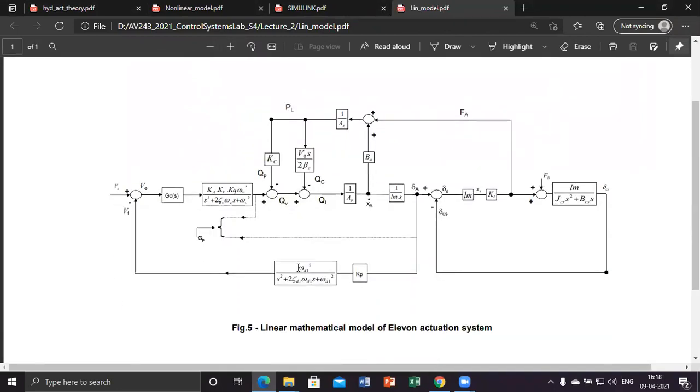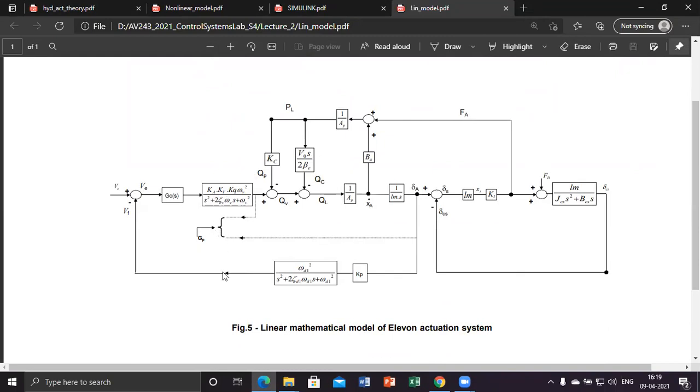The very purpose of linearizing is this: we have removed the nonlinear part of the servo valve with the Kc and Kq coefficients. Otherwise, the structure remains the same. Variables are also the same. Only the servo valve portion is replaced here.